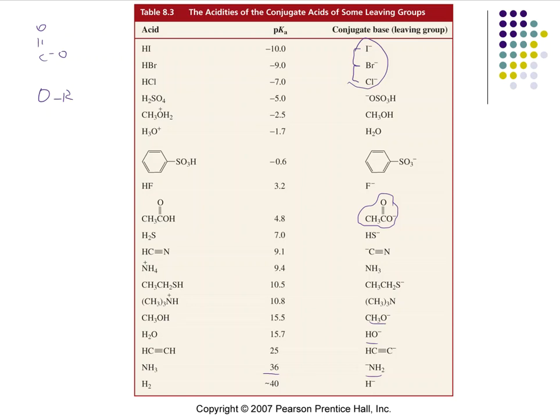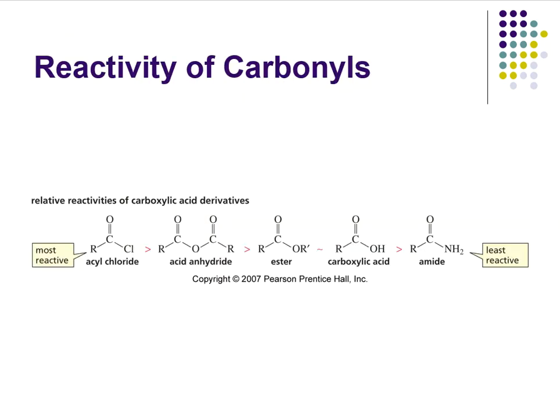So if we go back and take a look at the carbonyls that we've talked about, that is why these things are ranked the way that they are. So acyl chlorides are the most reactive out of the bunch. We now know why. Chlorine, ugly. Ugly, ugly, ugly.